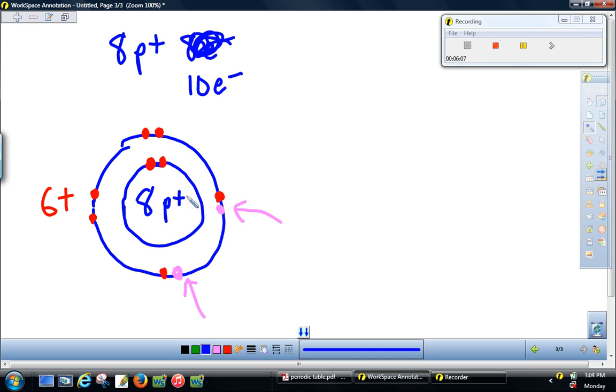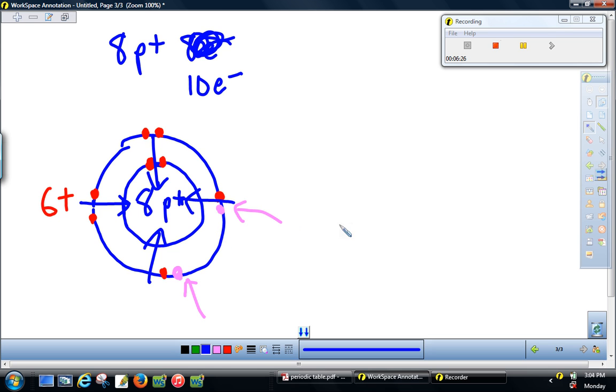Did the effective nuclear charge change at all? The answer is no. There are still 8 positive charges, and still 2 inner electrons that shield, so we still have a 6 positive charge pulling in these electrons. But the problem is that now there are 8 electrons to be pulled in, so the 6 positive protons have a harder time pulling in those 8 electrons.